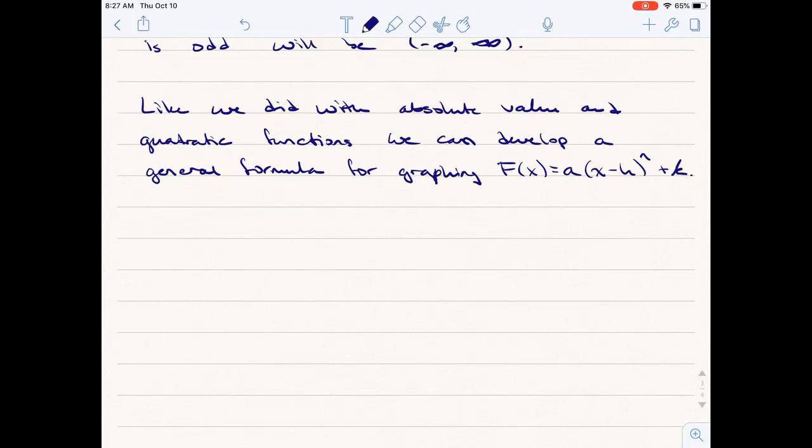We graphed a times x minus h to the power of 2 plus k, right? So we looked at the quadratic. The absolute value is a little bit different, right? But we've already looked at these. There must be a reason that they don't talk about the vertex.